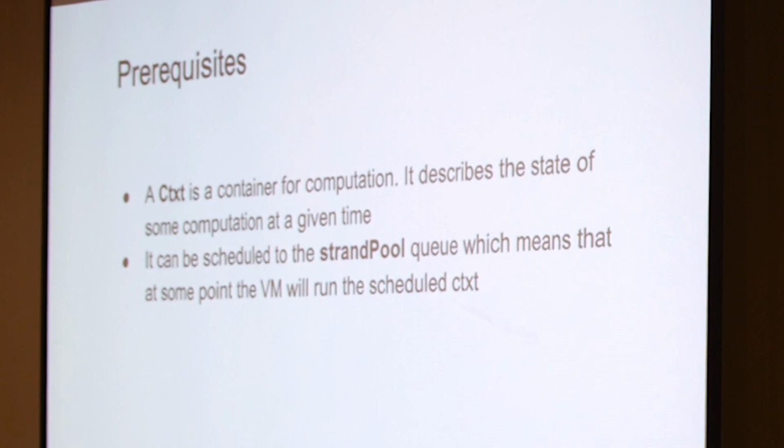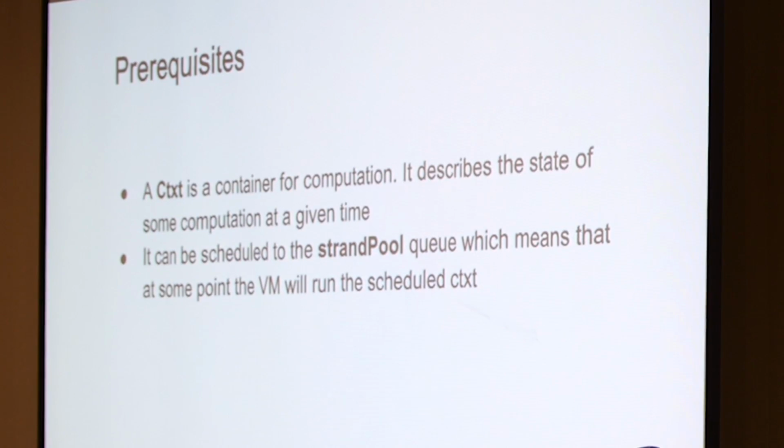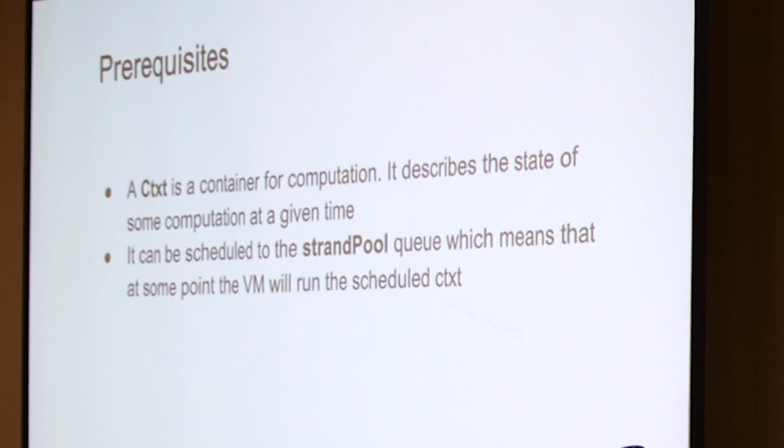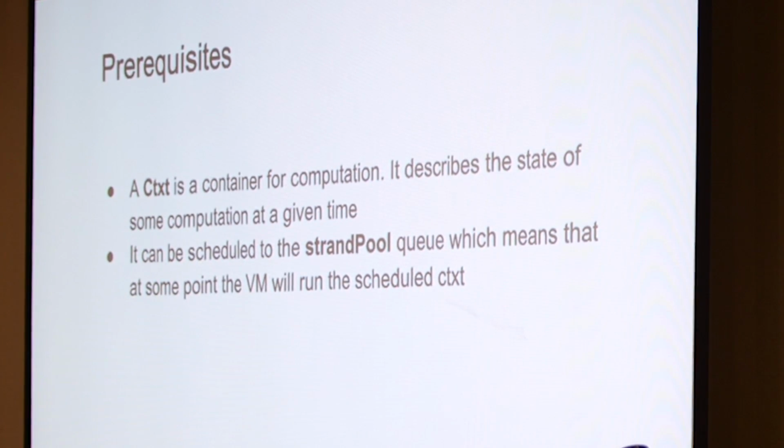There is a thing called a strand pool. It's basically a queue of contexts that are ready to be executed. They have everything they need. They're ready to go, so that when that context's time comes up, it gets executed.